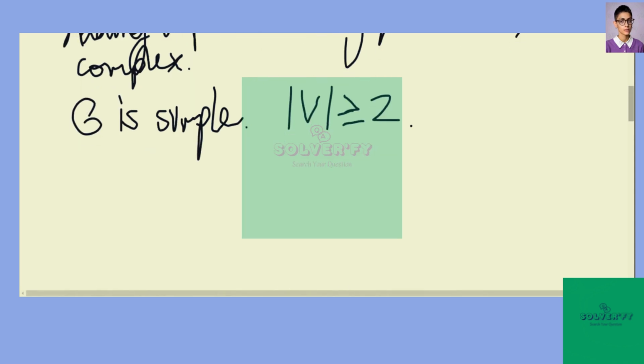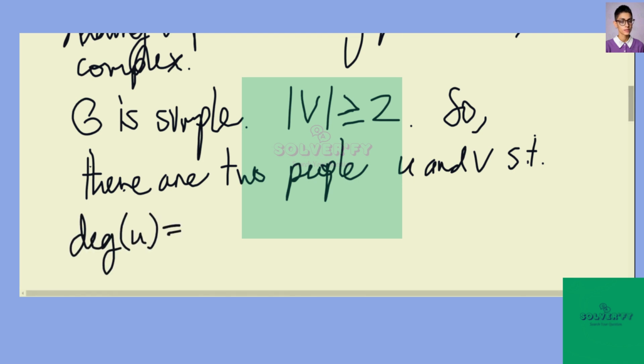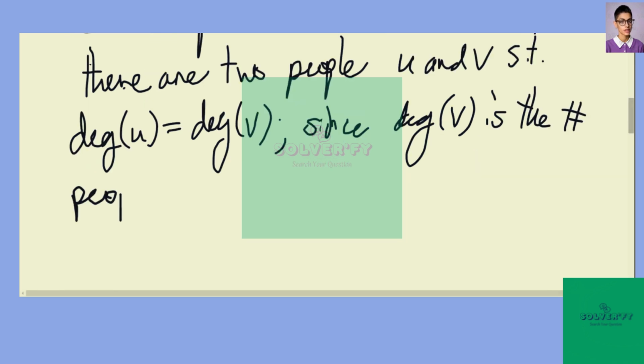there are two people, U and V, such that the degree of U equals the degree of V, and therefore it follows, since the degree of a vertex is the number of edges which the vertex lies on, that the degree of the vertex is the number of people that person V is friends with.